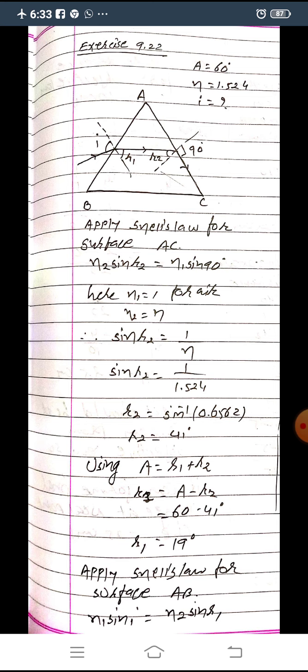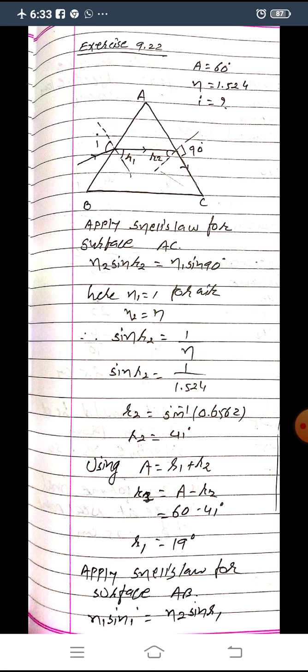Eta 2 is the refractive index of the prism, just call it eta. Then sine R2 is equal to 1 upon eta, that is 1 upon 1.524, which is about 0.6562. So R2 is about 41 degrees.